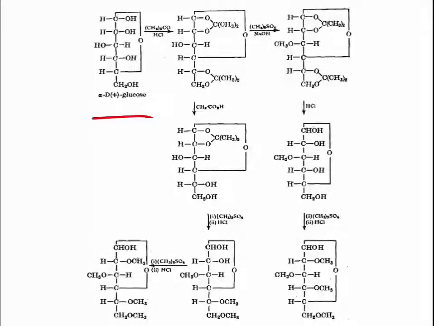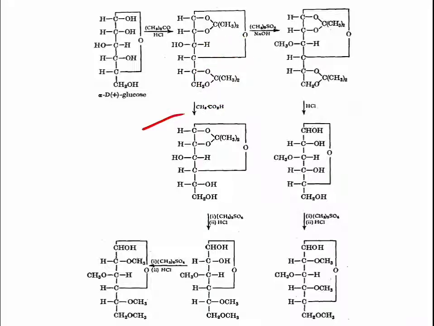This is your alpha D-glucose, and you are treating with acetone in HCl medium. So you will get this. It was your 6-member ring, but in the case of glucose, this will form a 5-member ring to form the diisopropylidene derivative. So from this, if you add acetic acid, this one will be hydrolyzed faster than this one.